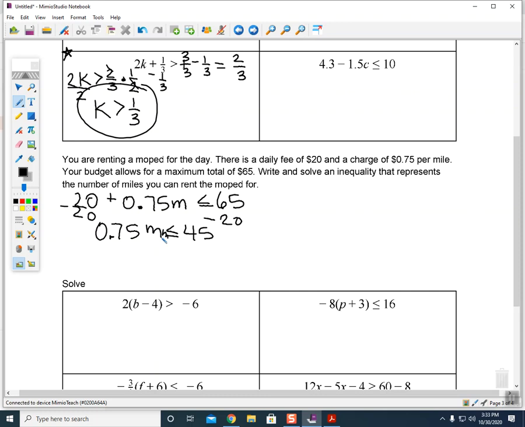Okay, so now I'm going to divide both sides by 0.75. And I need my calculator for this. I think I remember what it is, but I don't for sure. So I'm going to take 45 divided by 3/4, which is 60. So I know that my miles needs to be less than or equal to 60. I can go at most 60 miles for the day to stay in my budget.